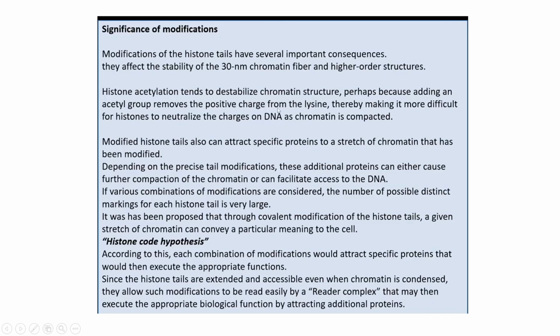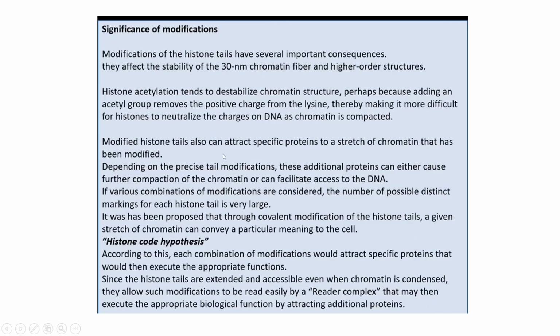Lysine generally has a positive charge, okay, not the histone. Overall histone is positive, but because of lysine, there will be a positive charged amino group present. That amino group will be neutralized by the acetyl group, and because of that, it will weaken the binding of the DNA with the histone, and it will loosen the chromatin.